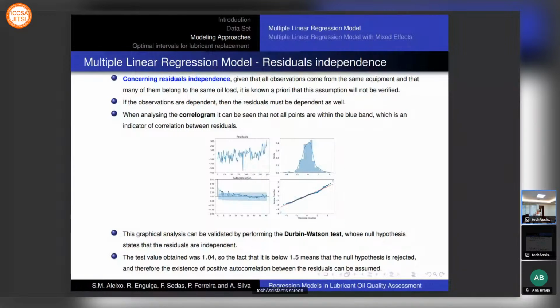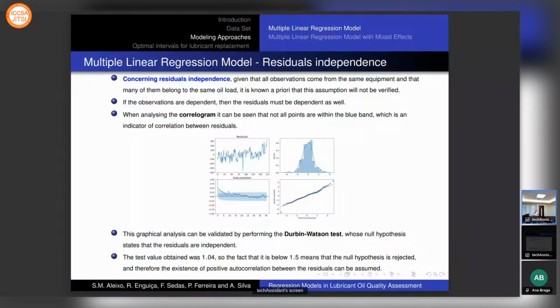This can be confirmed by the Durbin-Watson test, when we obtain a value of 1.04, which is below 1.5. So the null hypothesis is rejected, and therefore there is a positive autocorrelation between the residuals.